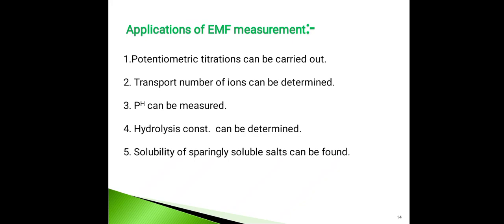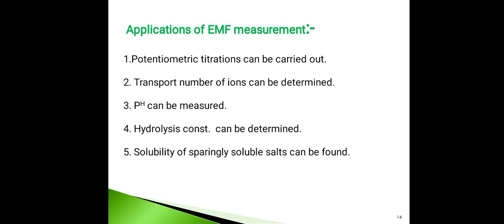After keeping the potentiometric wire on the long wire AB at certain points, at a particular point we will find exactly zero deflection in the galvanometer.